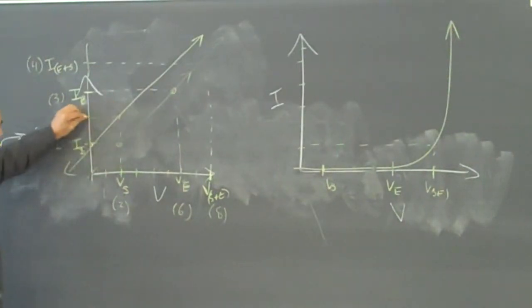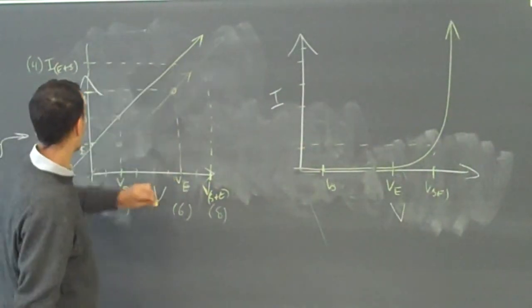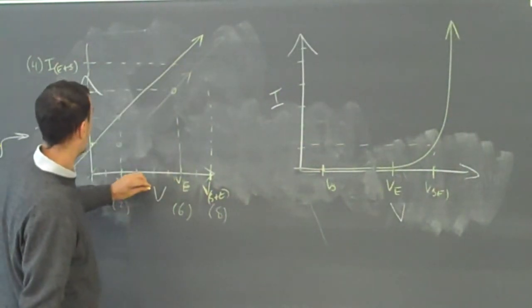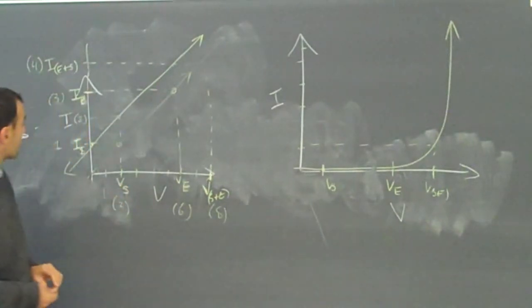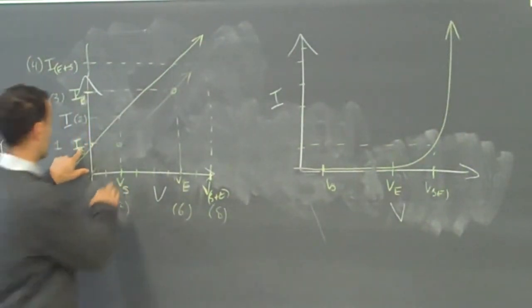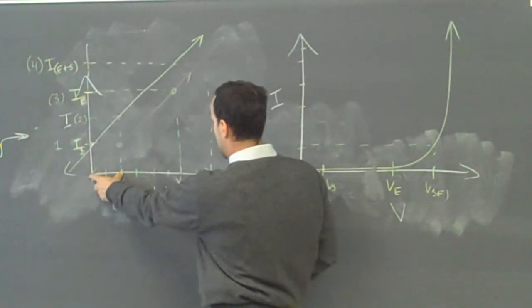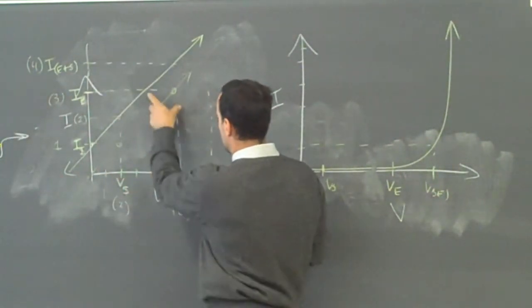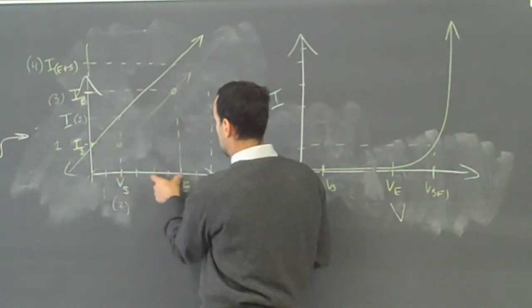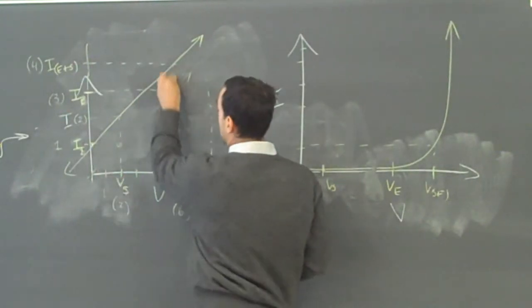So in this case, the effect of V Sean would be 2 amps. The slope is a half.